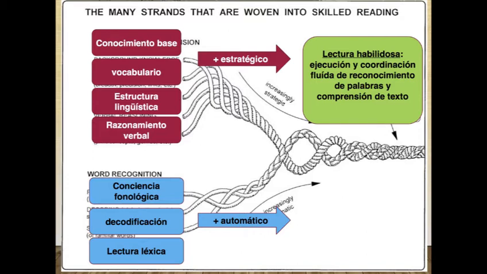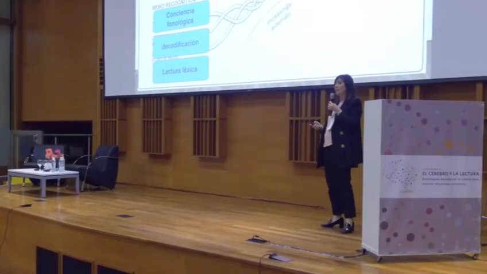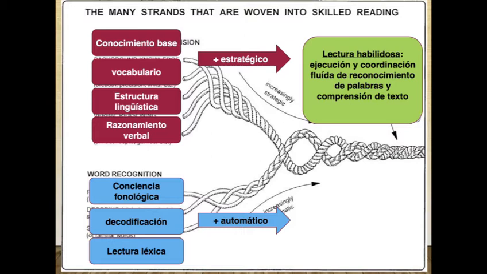I think you will leave this meeting with the word vocabulary in your heads, along with linguistic structure and verbal reasoning. And also I need to recognize words. I need phonological awareness, decoding, and lexical reading. I need to be strategic, and I need to be automatic. So I need all these elements.